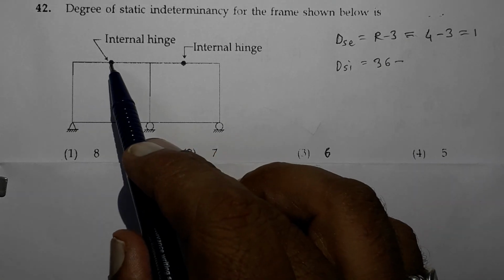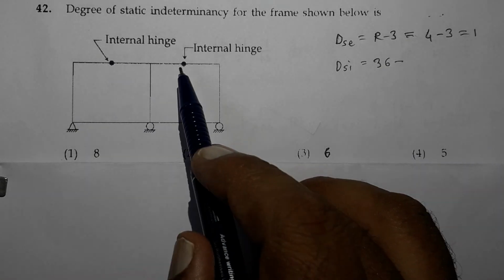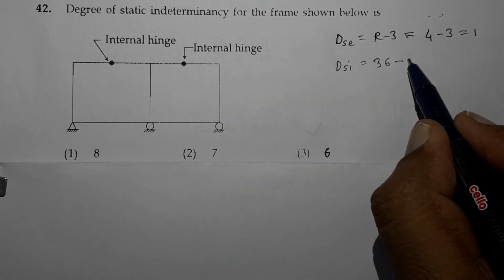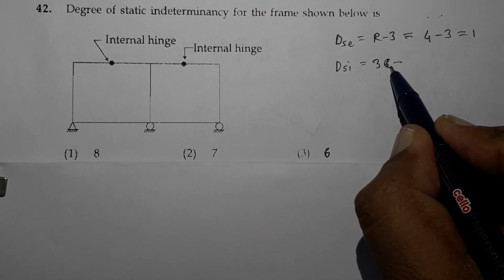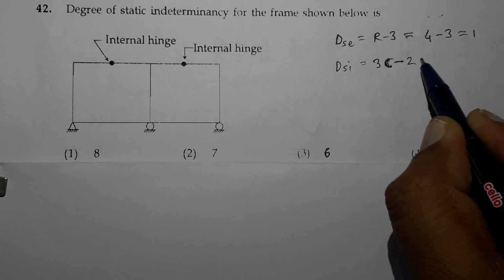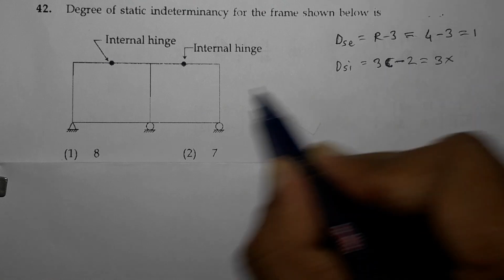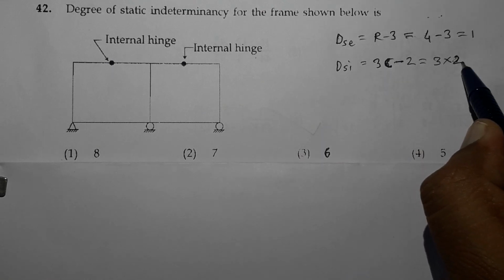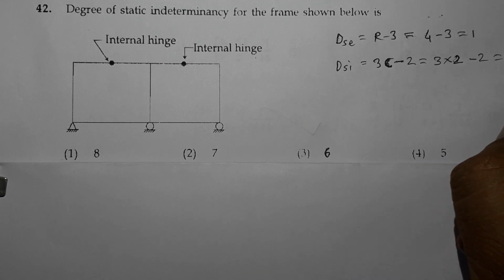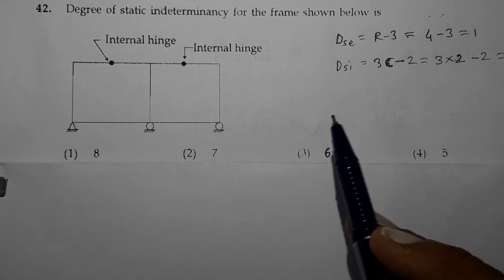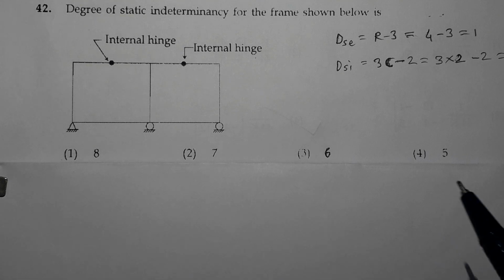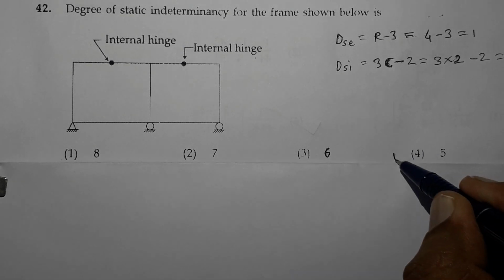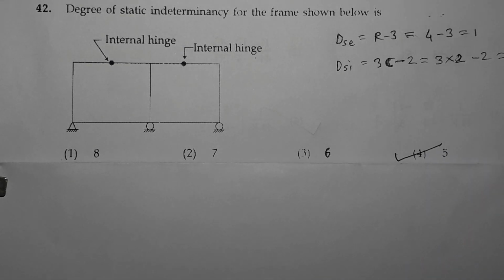So two members are meeting over here, one equilibrium equation over there. So 3C minus 2, that is equal to 3 times 2 closed cells. So 3 into 2 is 6 minus 2, that is 4. So DSI is 4, DSE is 1, the total degree of static indeterminacy is 5. Option 4 is the correct option.